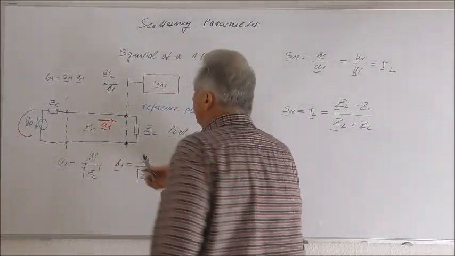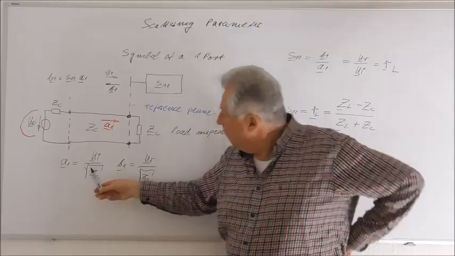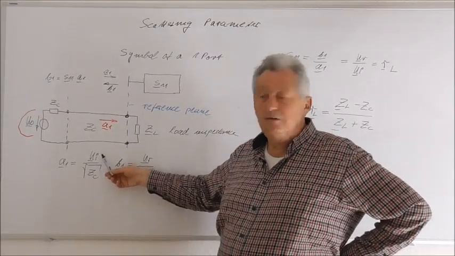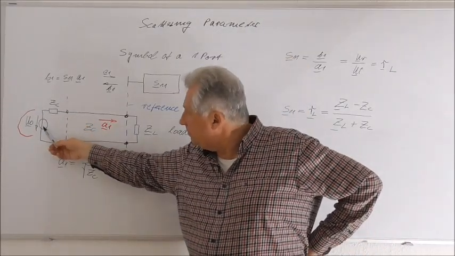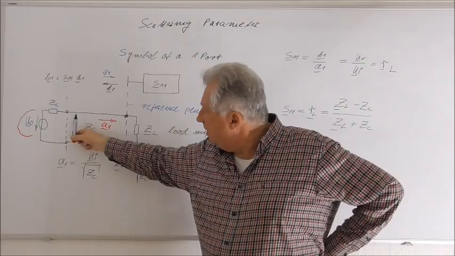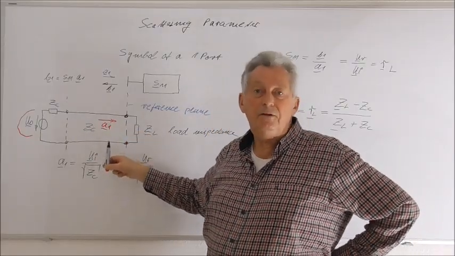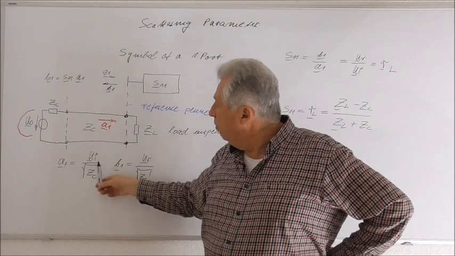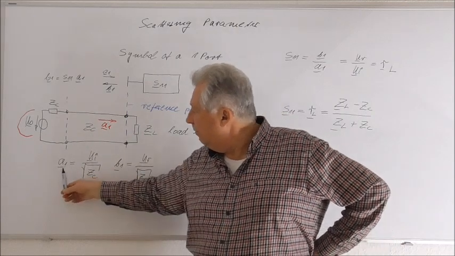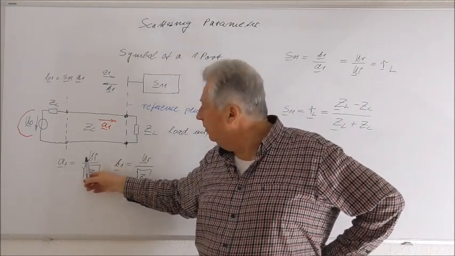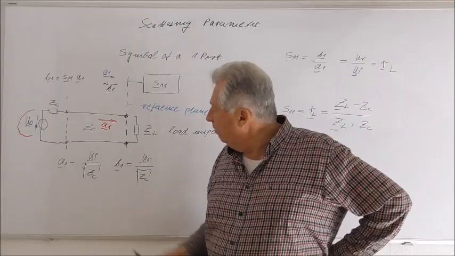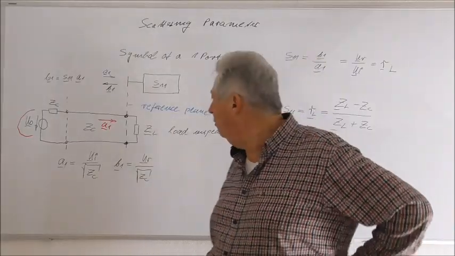And of course this wave A1 will be given as the incident wave. This voltage source will emit a wave into our transmission line, and this wave we call the incident wave, and A1 is defined like this. We already discussed it in the lecture before.